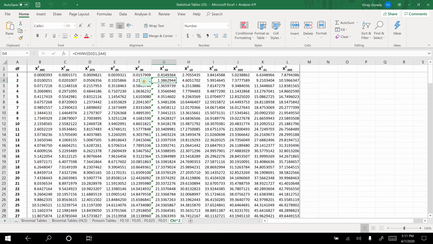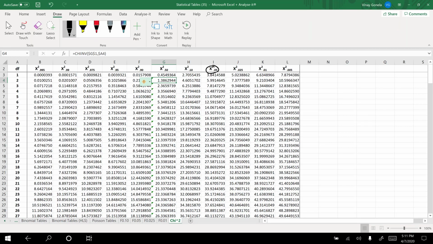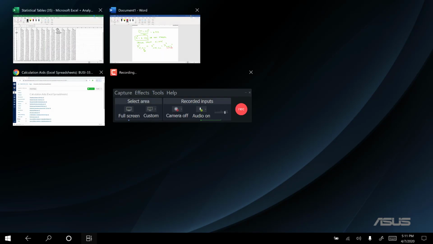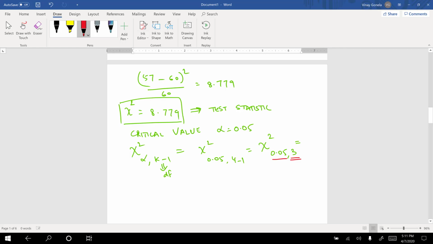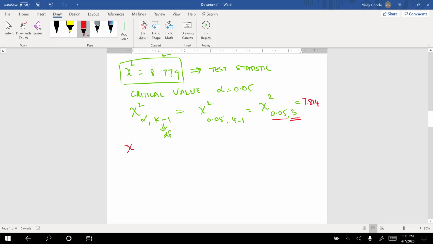I will go here, and chi-square 0.05 is this one and degree of freedom 3 is this one. So I will look at this value, which is 7.814. I will write that. So this value is 7.814. Again I am saying if chi-square is greater than chi-square alpha, k minus 1, reject your null hypothesis.